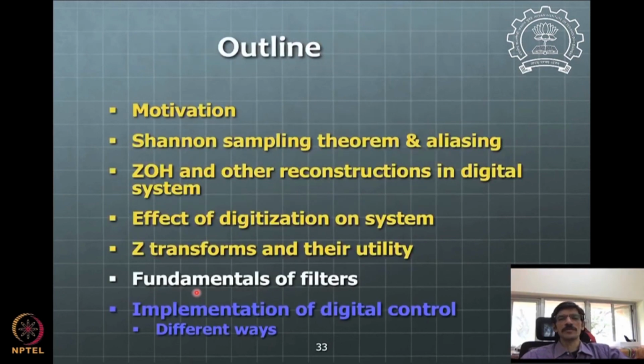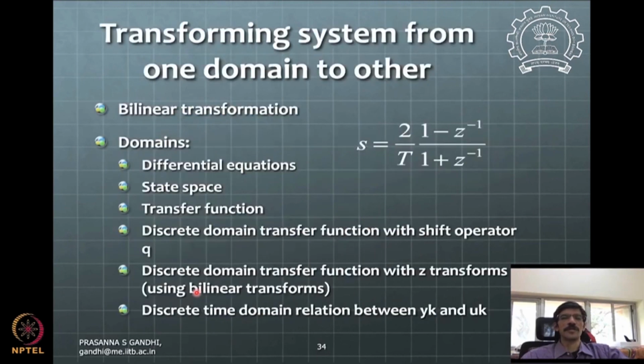Now we get to some fundamentals of a filter: the system to transform from one domain to another domain. Now we are using this Z similar to the Q operator. We use something called bilinear transformation.